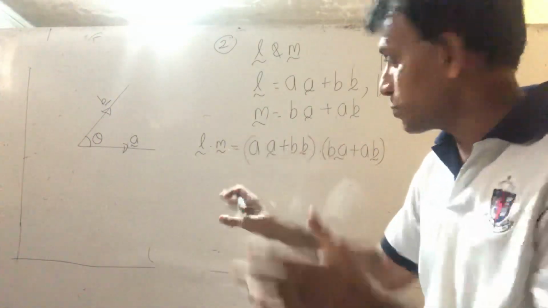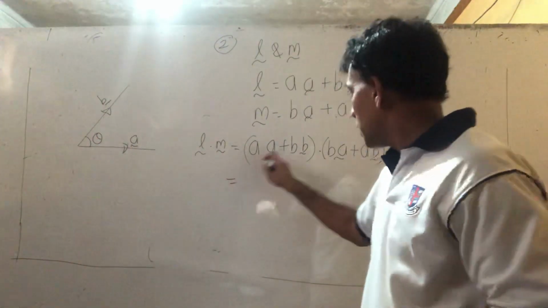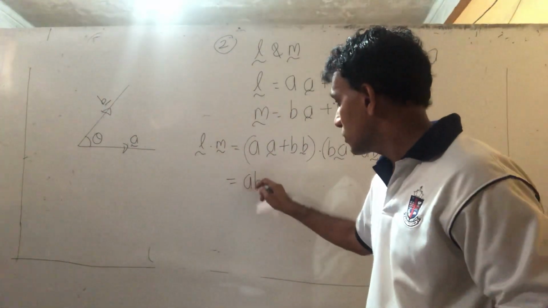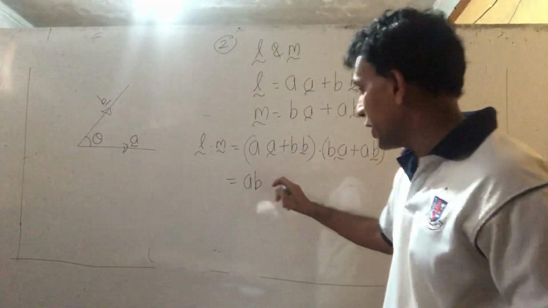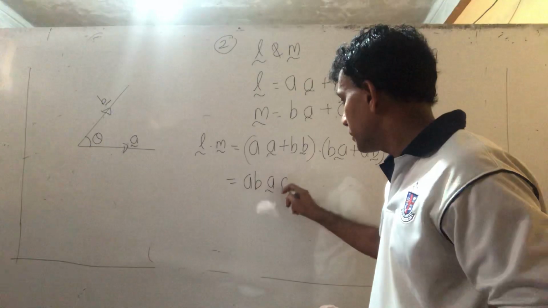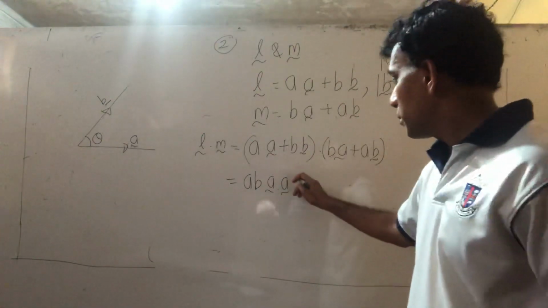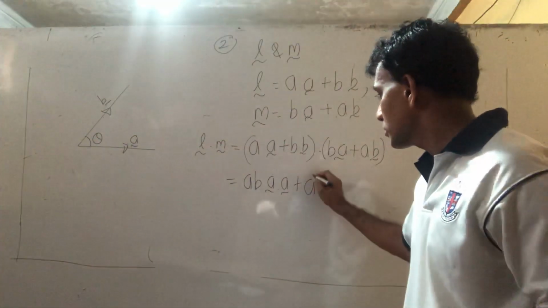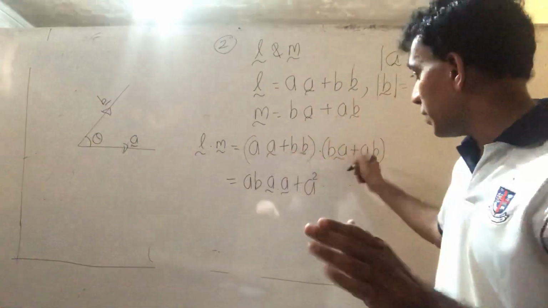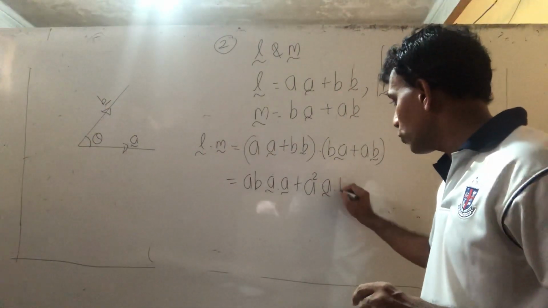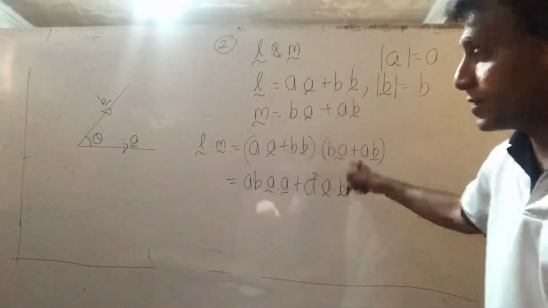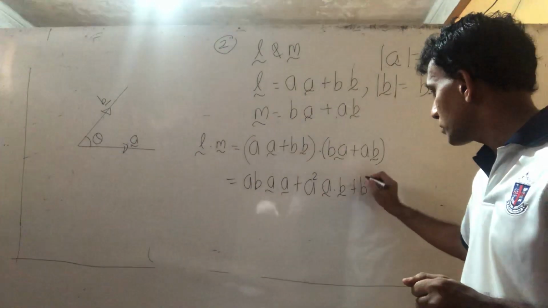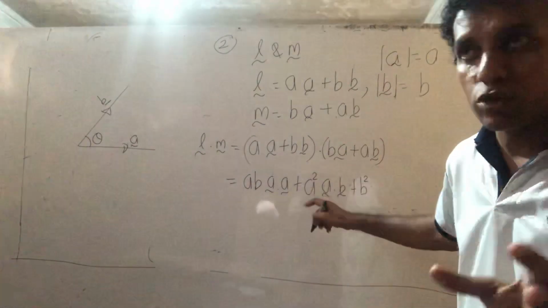Here the problem can be completed on this side only. So multiply the brackets. Multiply this bracket: A, B, A vector, so A dot A. Plus multiply this: A square into vector A dot vector B. Now multiply this one: plus B square into B dot A, and I can say B dot A or A dot B, both are the same.